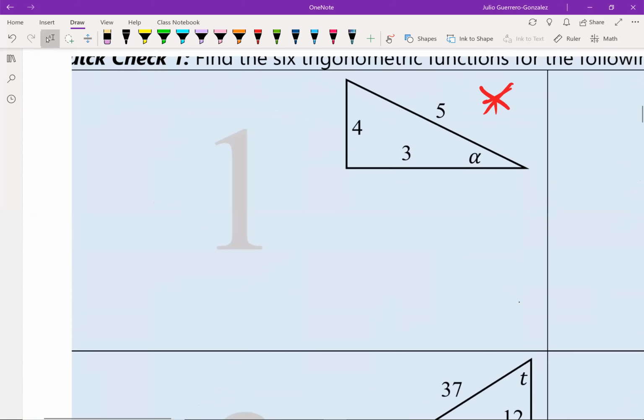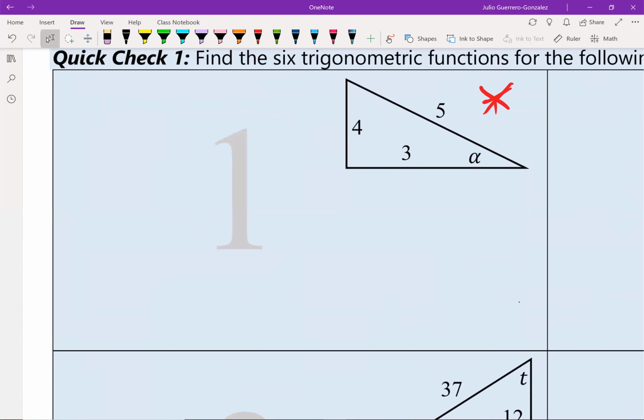Sine of t, right? So my alpha, my angle, I should use the actual lettering that's given. So my angle is there, right? So my opposite is 4.